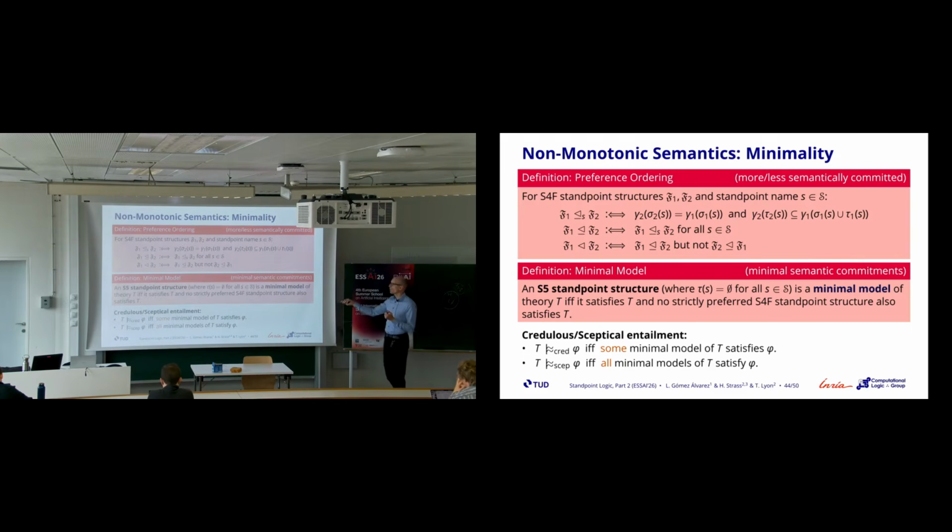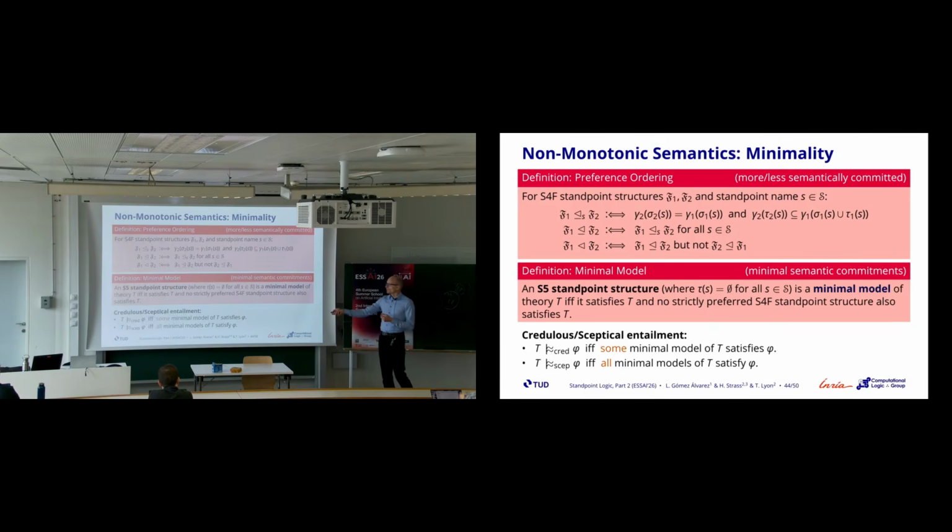And then we say this is a minimal model if it's a model of a theory and there is no strictly preferred S4F standpoint structure that is also a model. Right? So just like in plain unimodal S4F, we are doing this minimization with respect to S4F. But the minimal model itself is S5, so it only has a set of worlds for each standpoint. And these S5 standpoint structures are essentially like the standpoint structures of propositional standpoint logic, where we just had sets of precisifications for each standpoint.